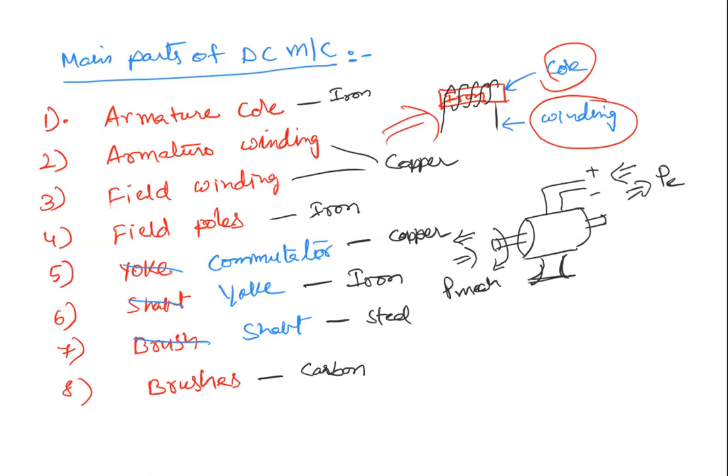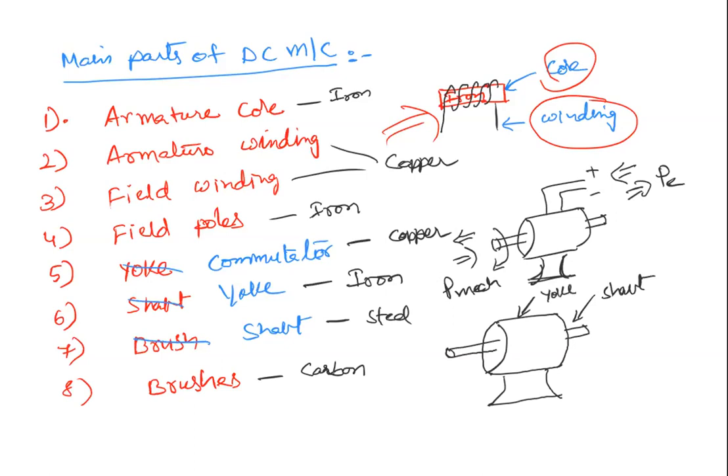I will redraw this. So this is shaft, and the outer core is called yoke.